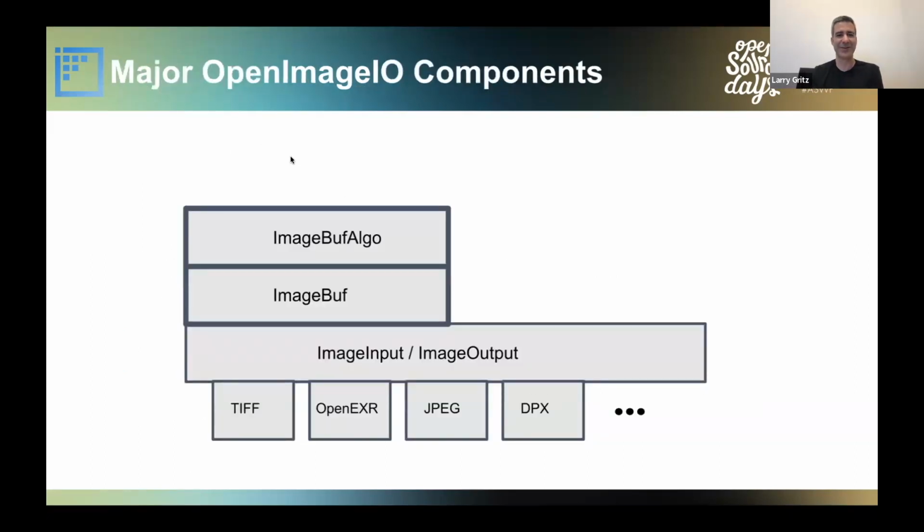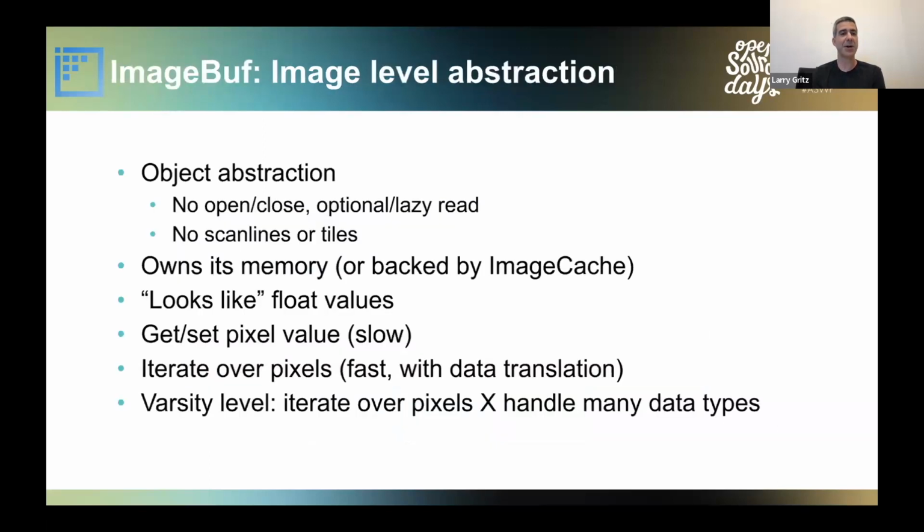On top of this, the next level of abstraction that we implement is the ImageBuf, and on top of that, a large collection of functions called ImageBufAlgo. The abstraction level here is that we're no longer dealing with files or scanlines or any of that kind of thing. There's just an image object, more or less, that you manipulate as a whole.